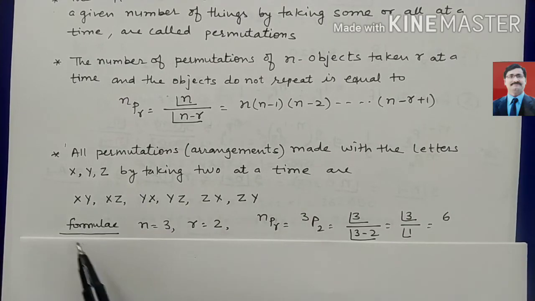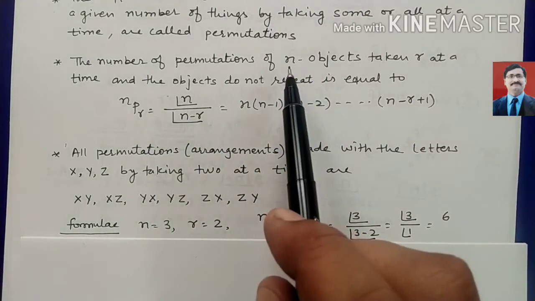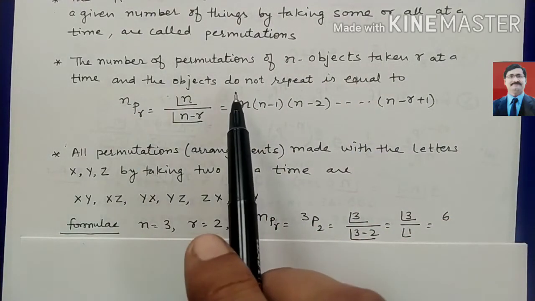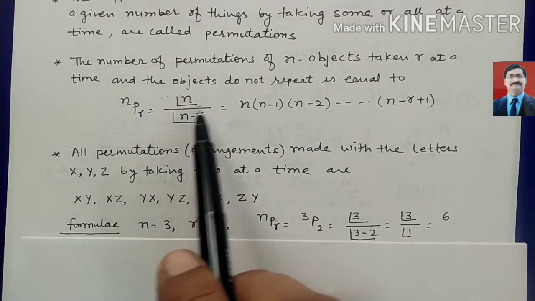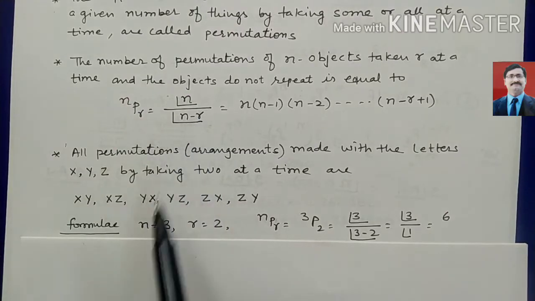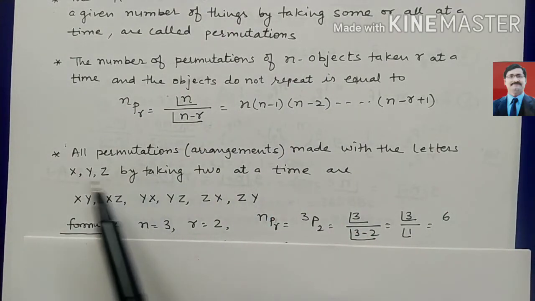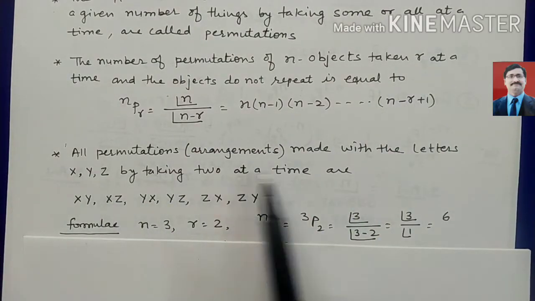Now by the formula: I already gave you that from n objects, if we take r objects at a time and the objects do not repeat, the formula nPr is factorial n upon factorial n minus r. We use this formula here. Here we have three letters, and from these three letters we take two letters at a time.